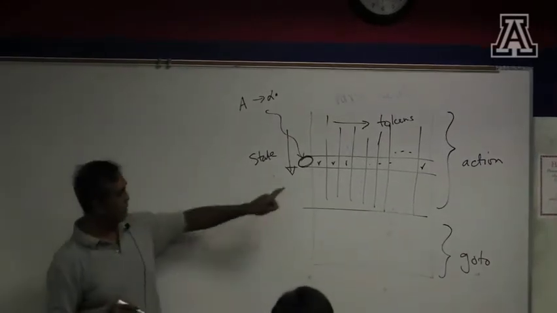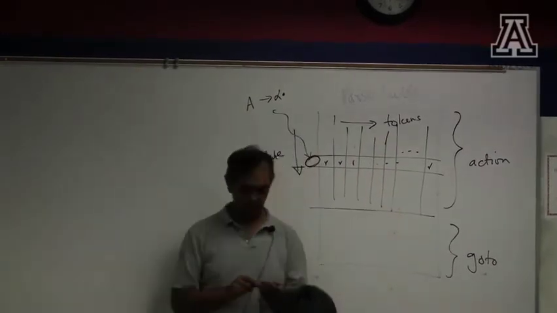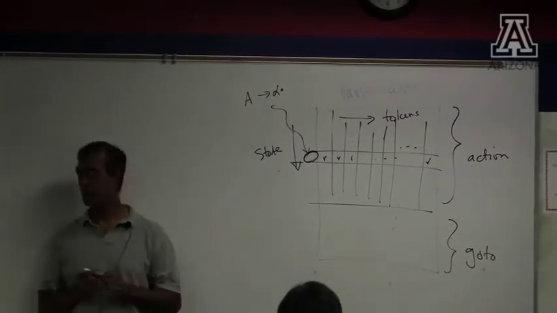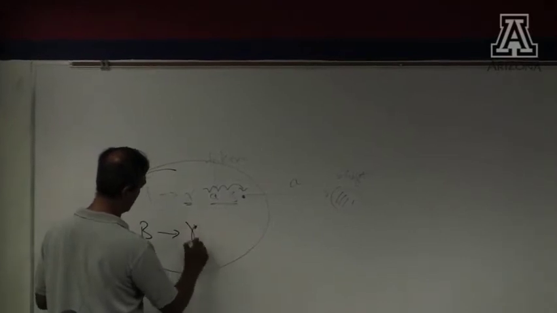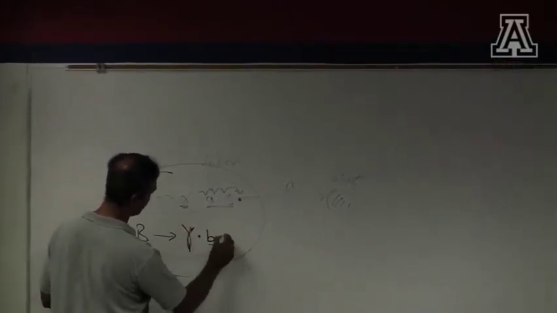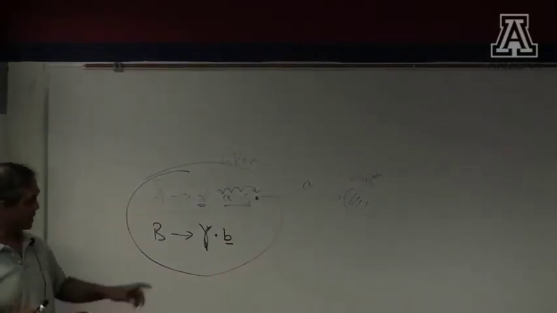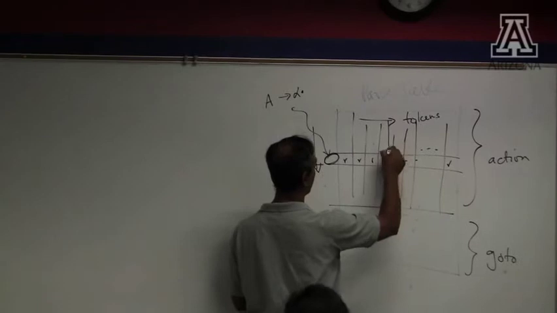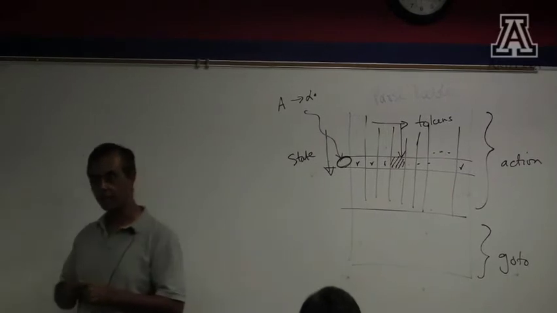If any of these entries that has reduce actions thrown in also has a shift action, because some other item in this DFA state, say B goes to gamma dot B something, has a shift action, then I'm going to have an entry with both a reduce action and a shift action, and I have a conflict.